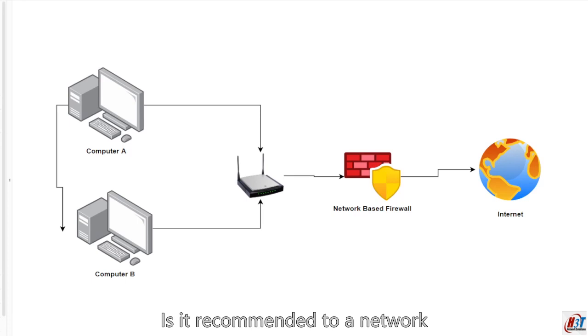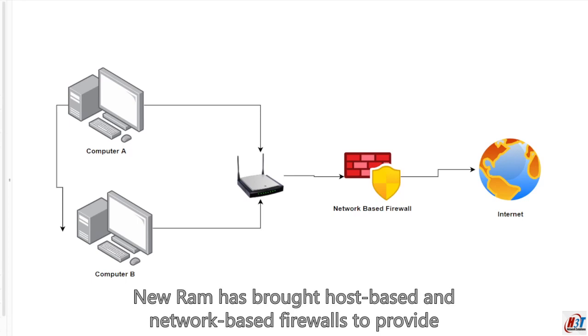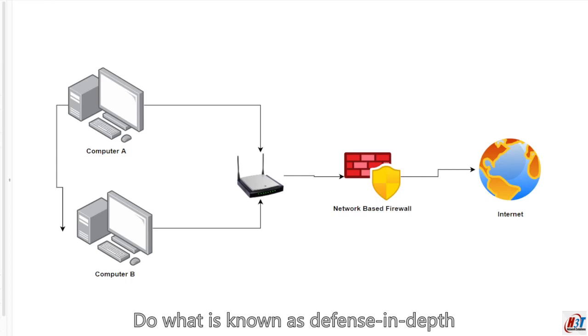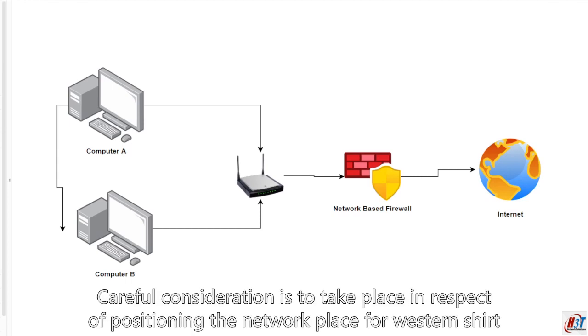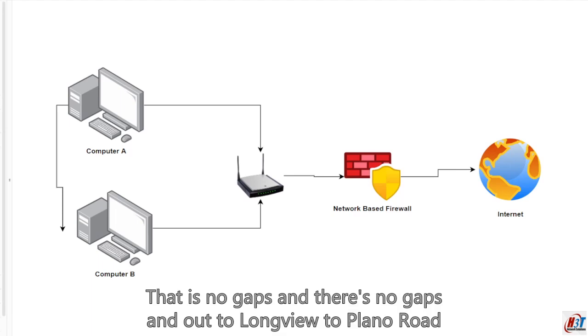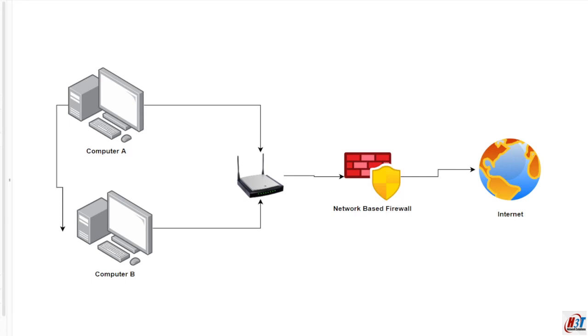Because of this, it is recommended that any network you run has both host-based and network-based firewalls to provide what is known as defense in depth. Careful consideration needs to take place in respect of positioning the network-based firewalls to ensure that there are no gaps and to allow them to play their roles adequately.